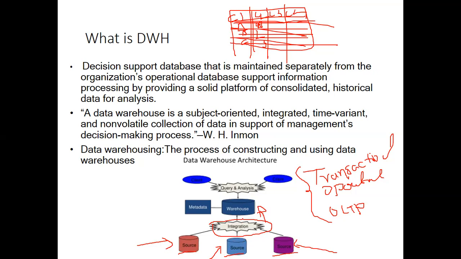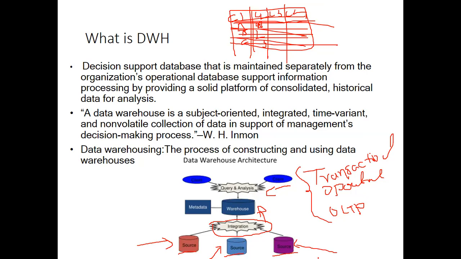Finally, you integrate and store the data into the data warehouse. From there, the queries will be filed against the data warehouse, and a client, that means a user, will generate the reports out of it. So this is at a high level what exactly the data warehouse is: sources, integrate and store the data in the warehouse, from where the report generation will happen.